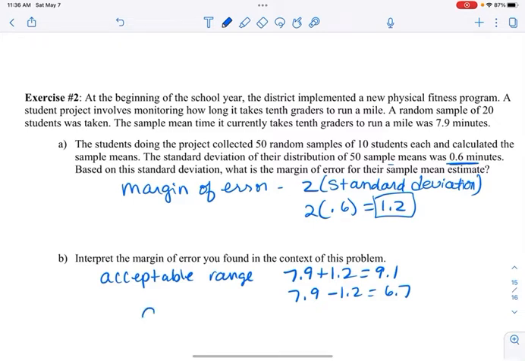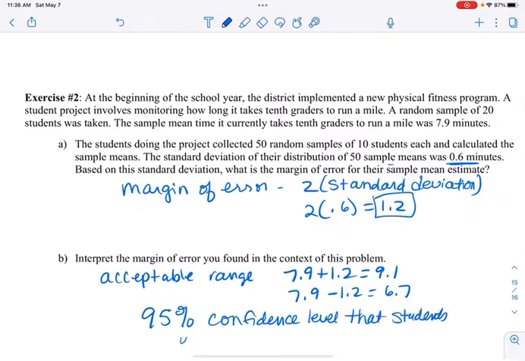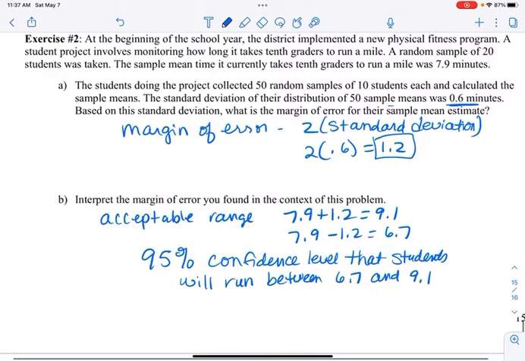So I'm 95% confident, 95% confidence level, that students will run, and their time will be between 6.7 and 9.1 minutes.